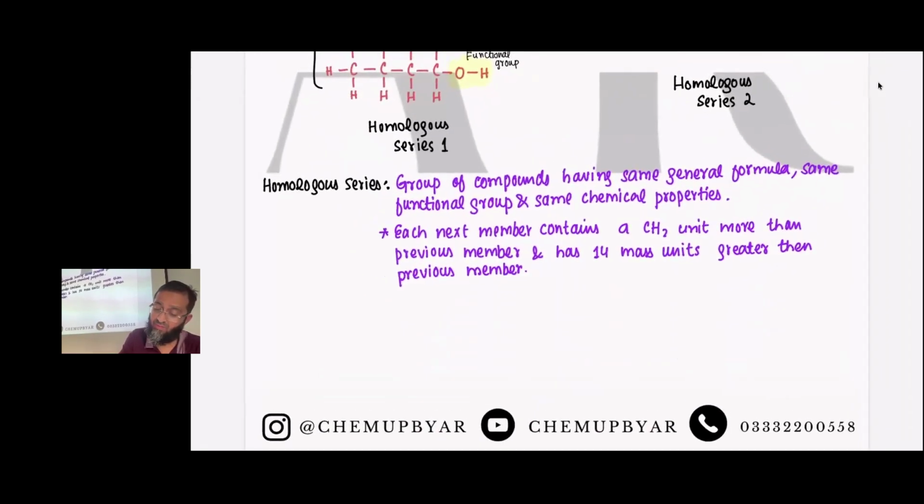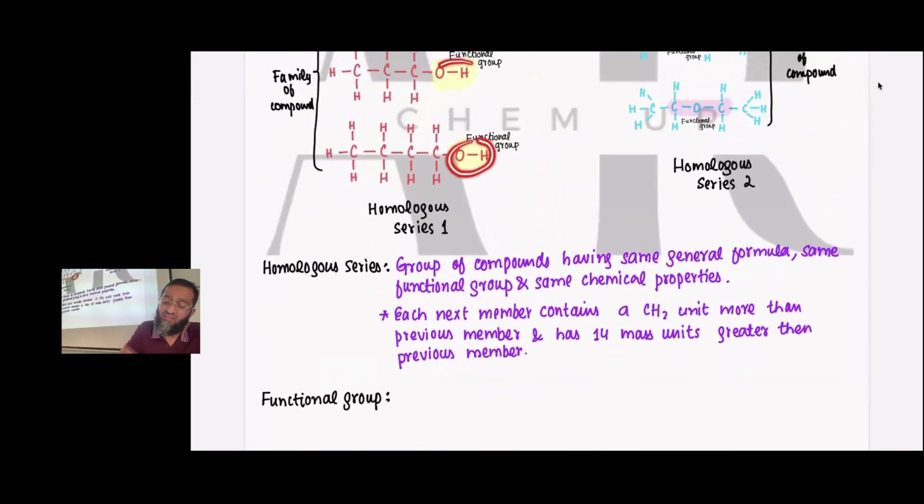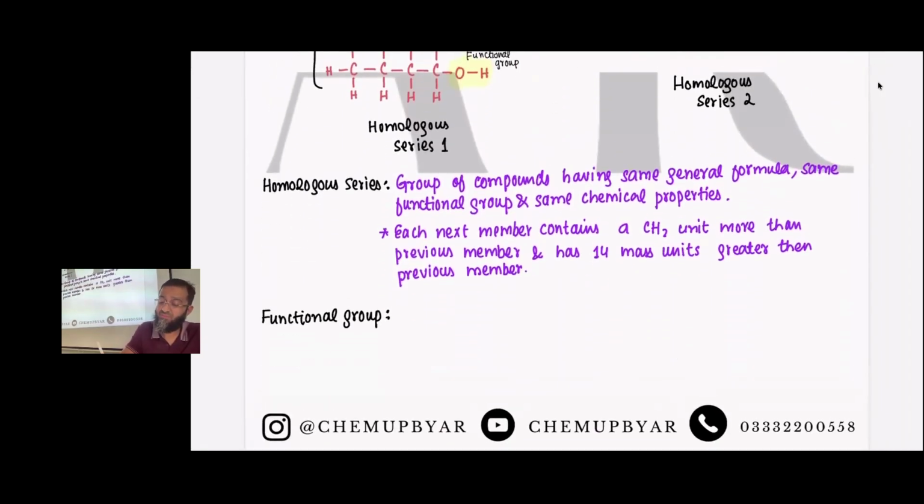Now next we have functional group. As we have discussed, this OH is the functional group, and over here, this COC is the functional group. So how can we define a functional group?